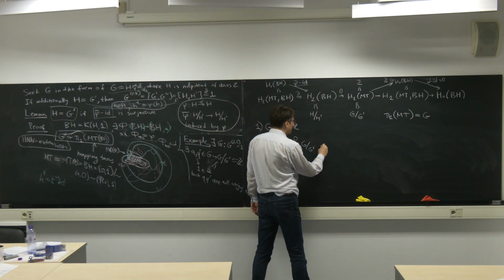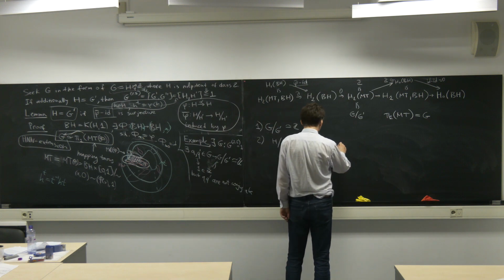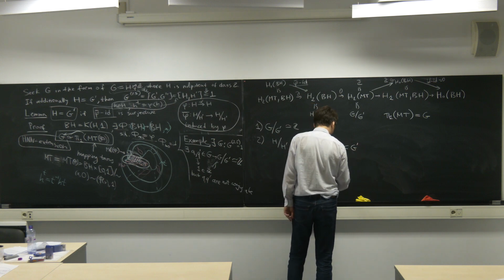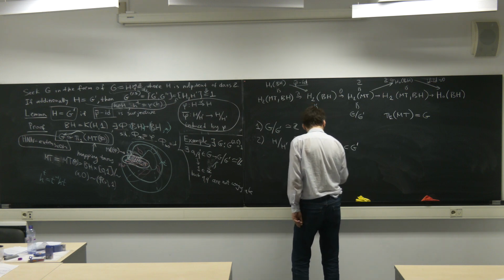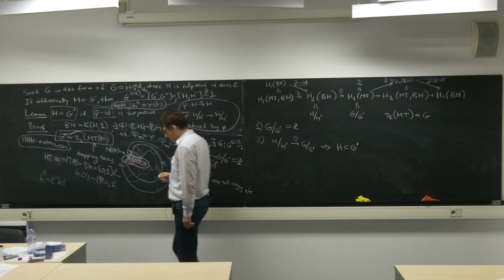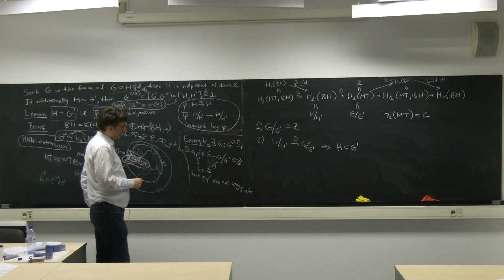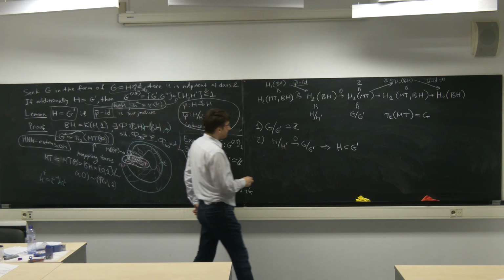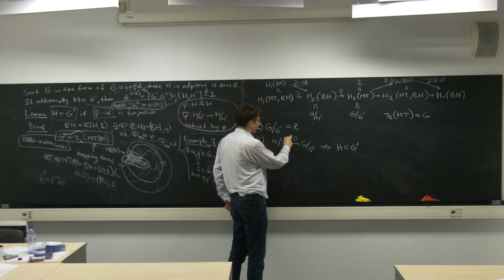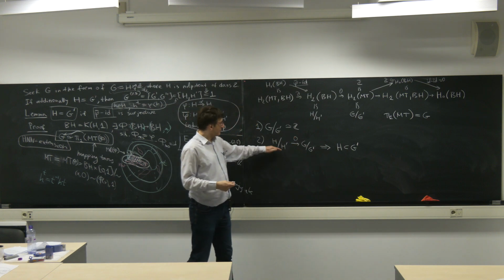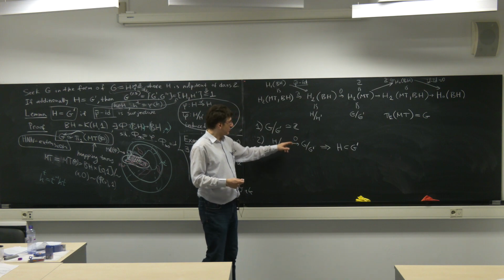So it follows from this that H lies in G prime. Well, 0 is in the additive notation. If you want multiplicative notation, it would be 1.